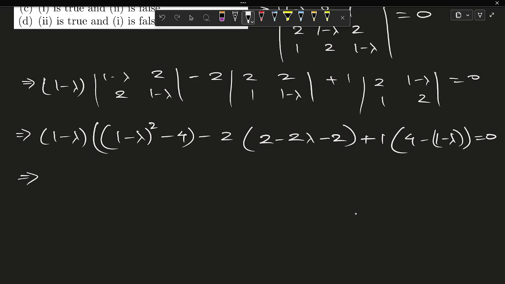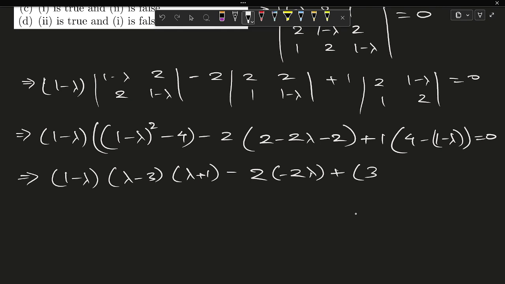And then after some simplification we will get: (1 minus lambda) times (lambda minus 3) times (lambda plus 1), minus 2 times (minus 2 lambda), plus (3 plus lambda), equals 0.